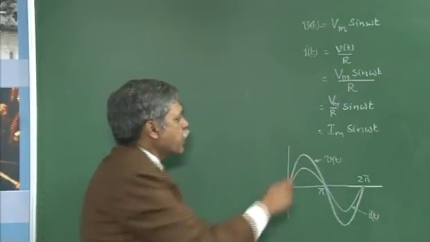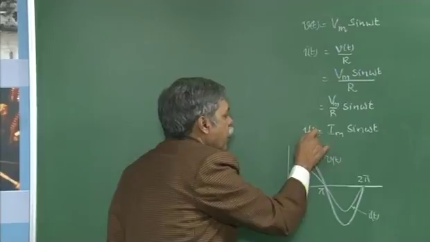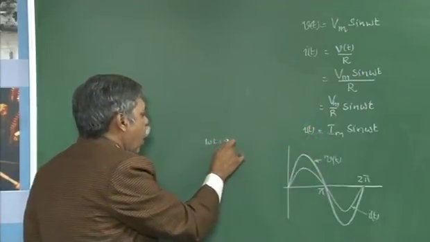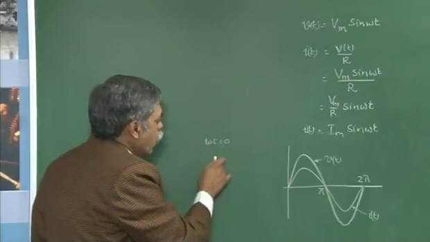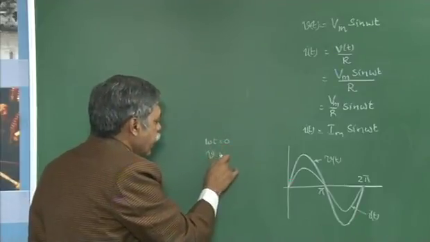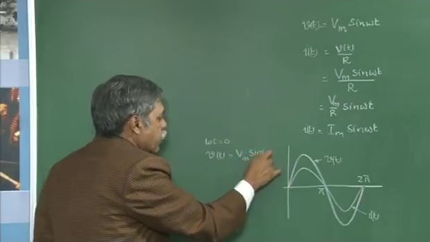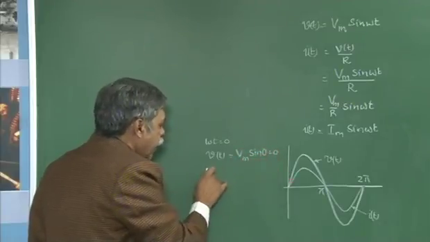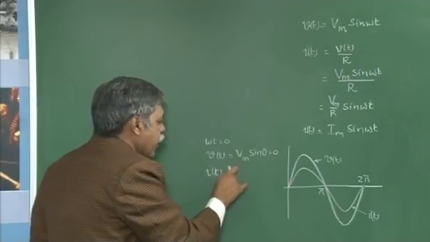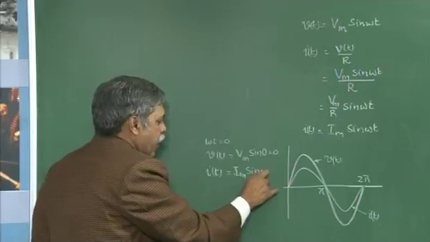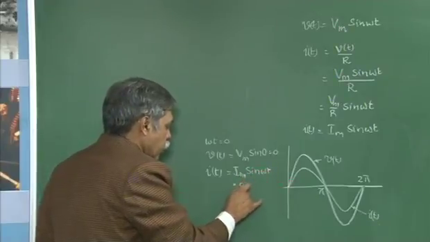Now, as per this equation for the current I of t, if you substitute omega t equal to 0, or t equal to 0, I will get the voltage V of t equals Vm sin 0, therefore it is 0, and I of t at the same instant is given by Im sin omega t, which is also 0.